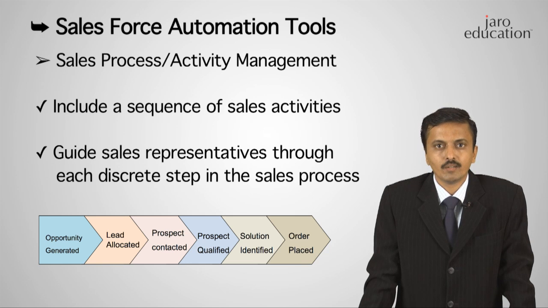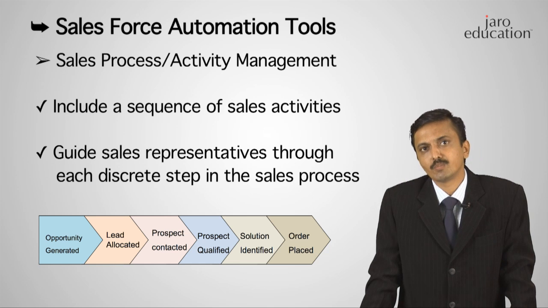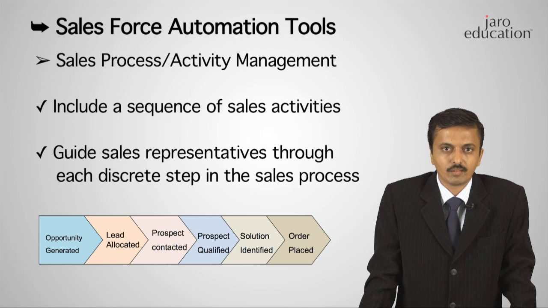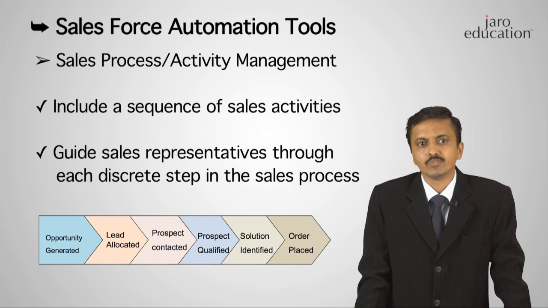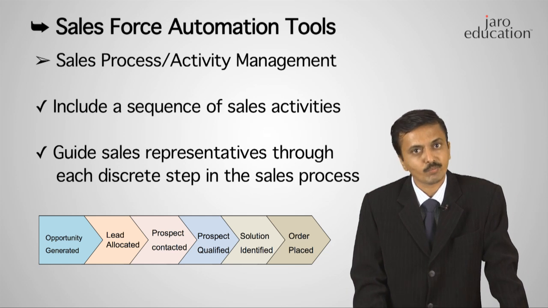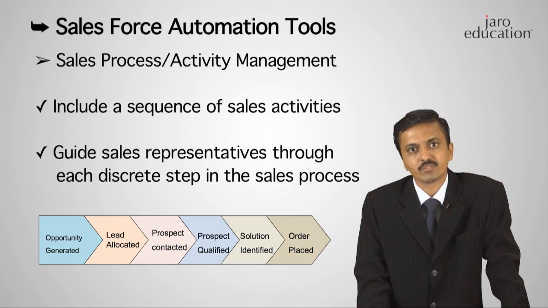This would be found in the modular page of sales process activity management, which guides sales representatives through discrete steps in the sales process, which is again a subpart of the sales process.